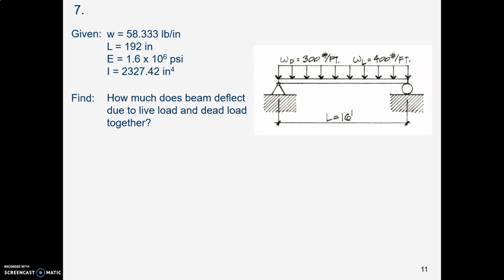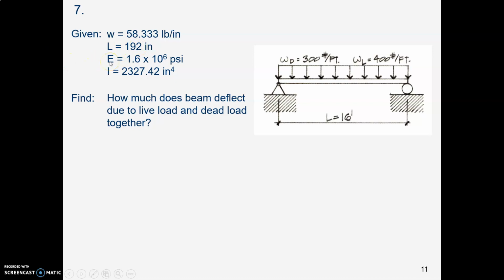So now, ta-da! How much does the beam deflect with the dead load, the weight of the beam, and the live load, this distributed load, all together? We now know the distributed load for both dead and live load is 58 1/3 pounds per inch. We previously figured out that the length is 192 inches.